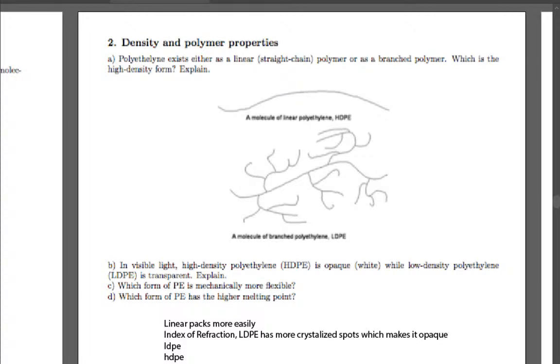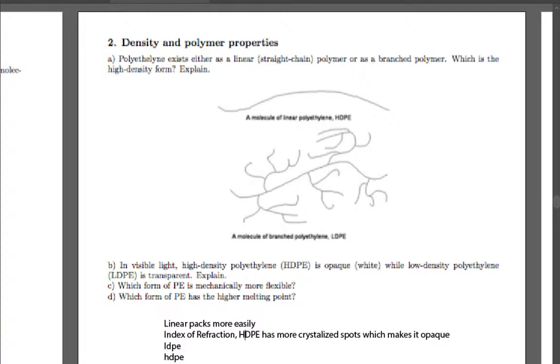And then for the branched one, because it doesn't pack easily, it is transparent because of its low density. So that's basically that.